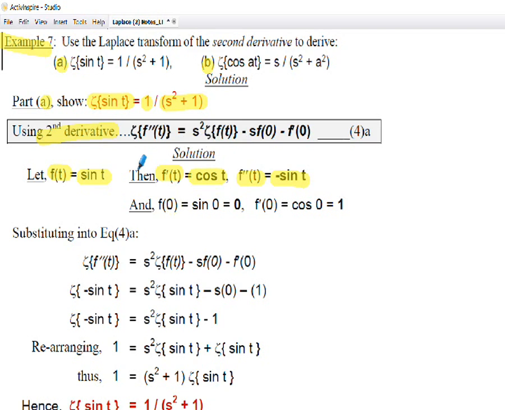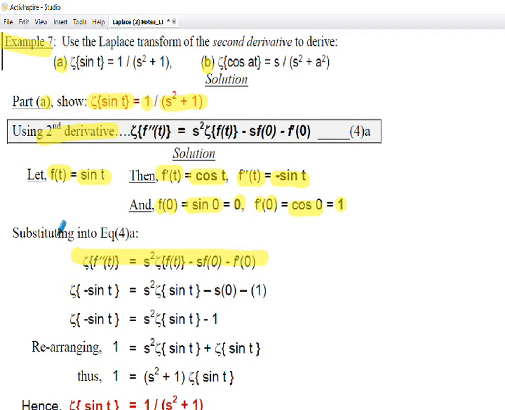If we put the value of 0 into the function of t, being sine t, sine of 0 is equal to 0. If we put the value of 0 into the first derivative of the function of t, in this case cos t, cos of 0 is 1. So now we're going to put these values into the second derivative Laplace transform.